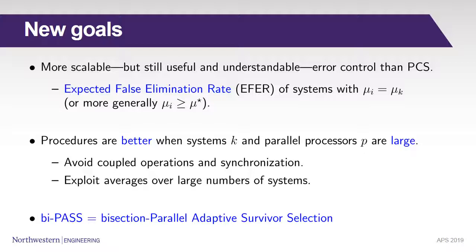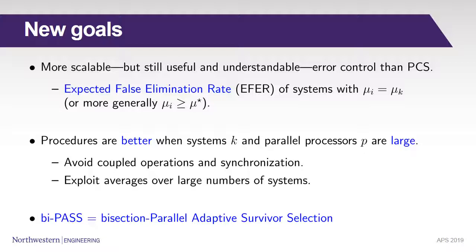So we'll introduce the idea of expected false elimination rate of systems that we consider to be good. Now, generically, we consider a system to be good if its mean is greater than or equal to some standard that we call mu star. In this talk, mu star will be the value of the mean of the best system, because that's the setting that's closest to standard ranking and selection.